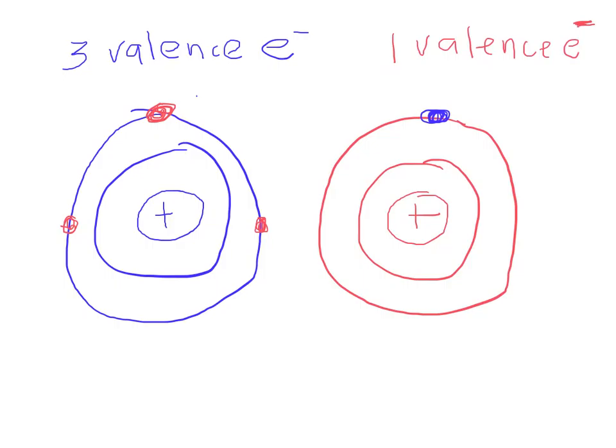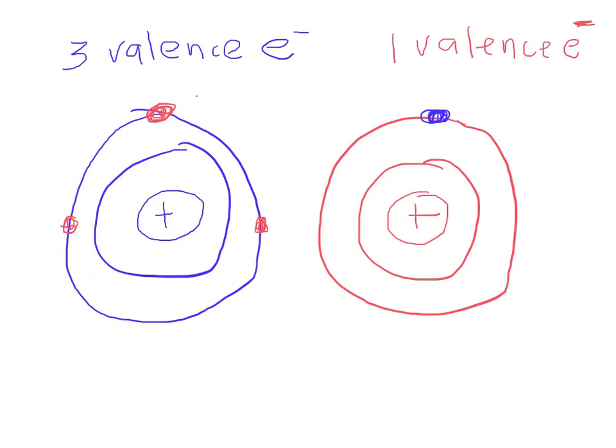We know that electrons have negative charge, so between the electron and the positive nucleus there exists an attractive force. Since we have 3 valence electrons moving in the same energy level, the movement of the electrons here is somewhat limited.